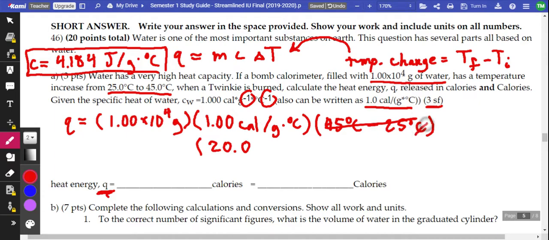Our degrees Celsius unit is going to cancel out with the per degree Celsius, so we're just left with calories per gram.